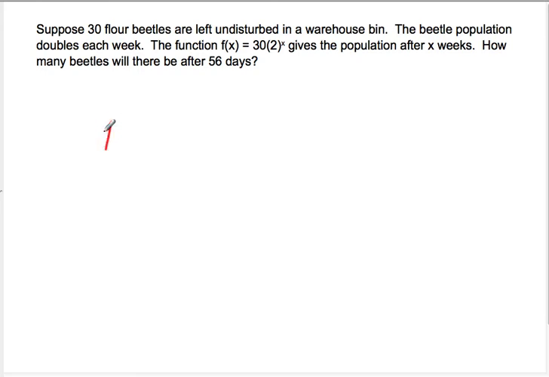Well, 56 days, first of all, we need to turn that into weeks, so that's 8 weeks. So we have y equals 30 times 2 to the 8th power. 2 to the 8th power is 2, 4, 8, 16, 32, 64, 128, 256. So what we have is 30 times 256.